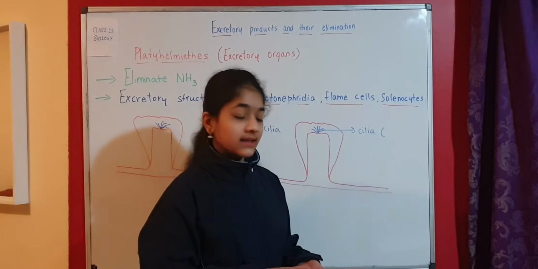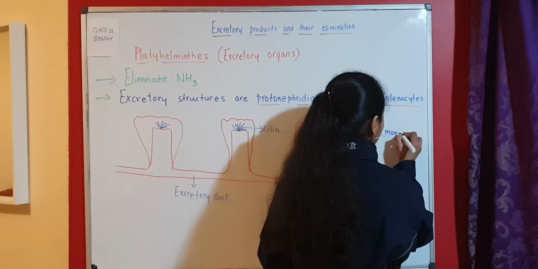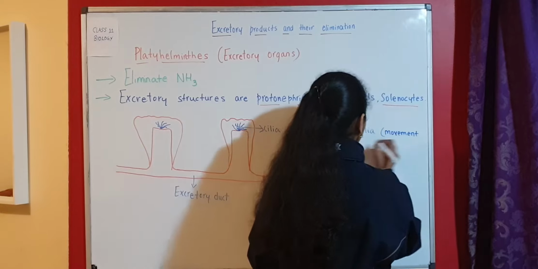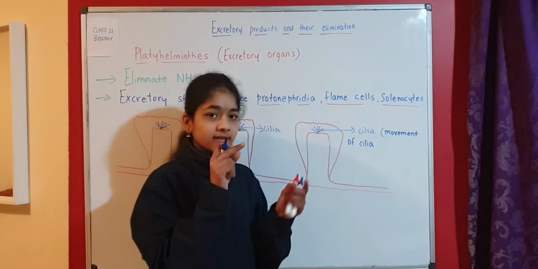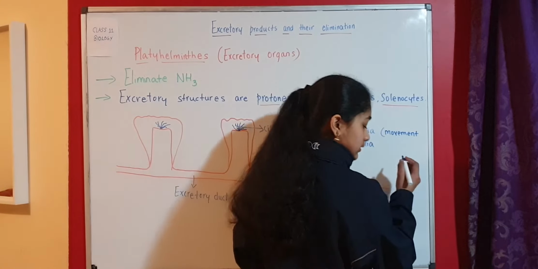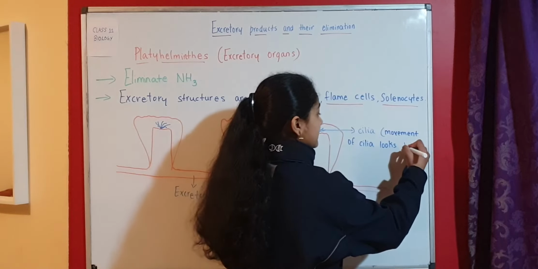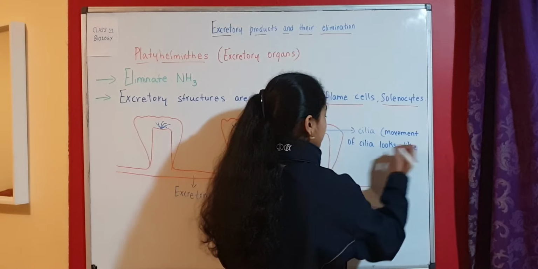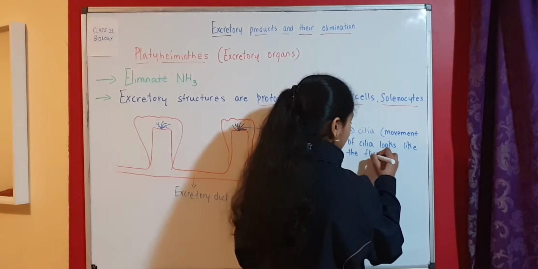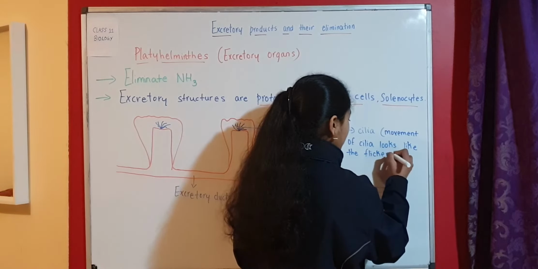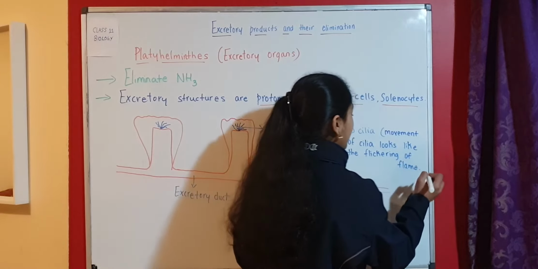Now, the movement of these cilia: when the thread-like structures move, this movement of cilia looks like the flickering of a flame. That's why they're called flame cells.